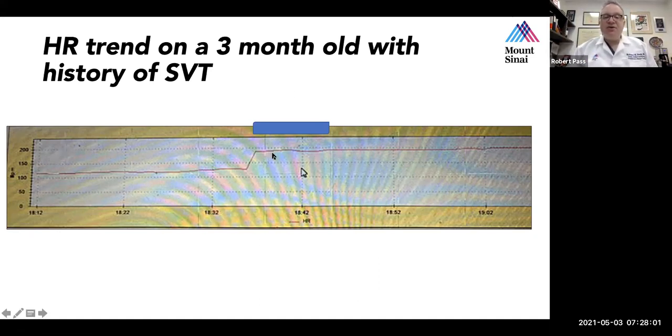And the other thing that goes with it being reentrant is the fairly consistent rate, right? When we're in tachycardia, it almost looks like a straight line. So that would also go with reentry. So very important to always look at the heart rate trends when you're trying to make a first analysis of an arrhythmia, if such a trend exists.